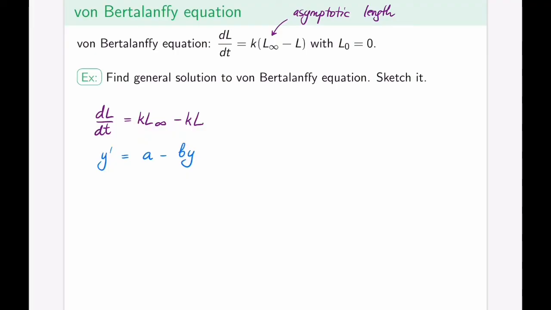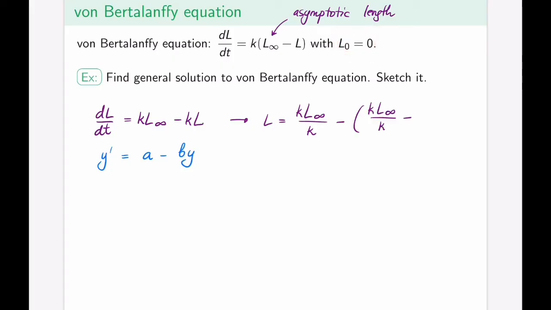So let's write out the general solution. Recall that the general solution will be A over B, so in this case, K L infinity over K. Let's write this out in full detail. Minus A over B again, K L infinity over K, minus the initial condition. Here we're told that L naught is 0.